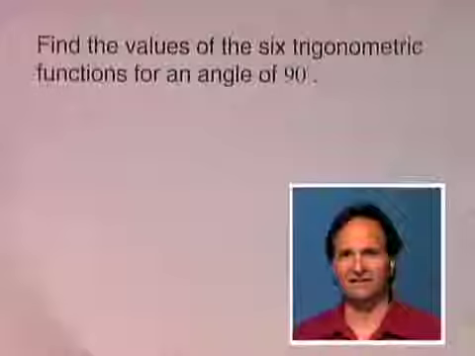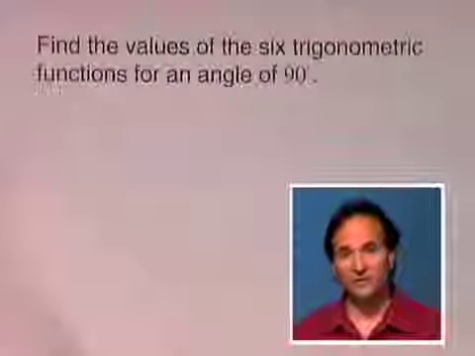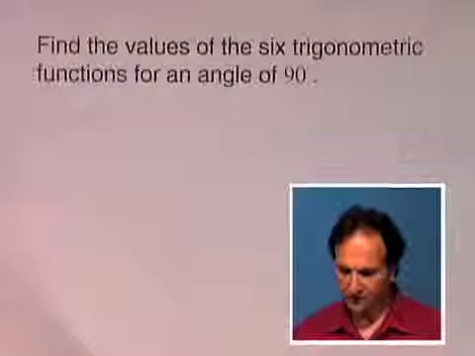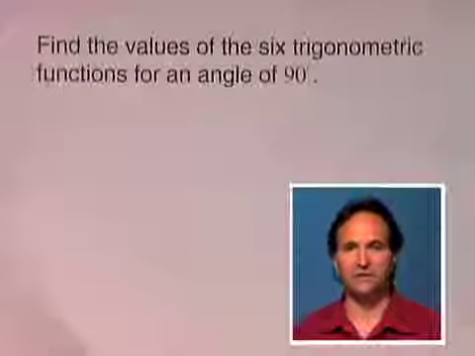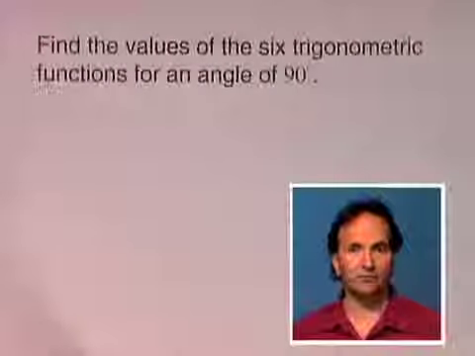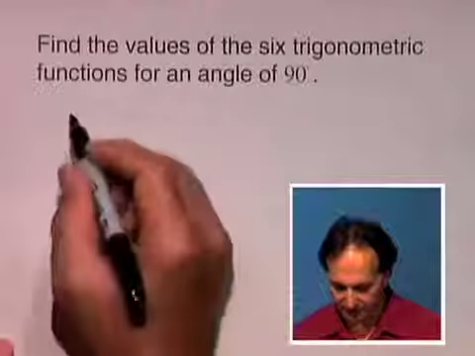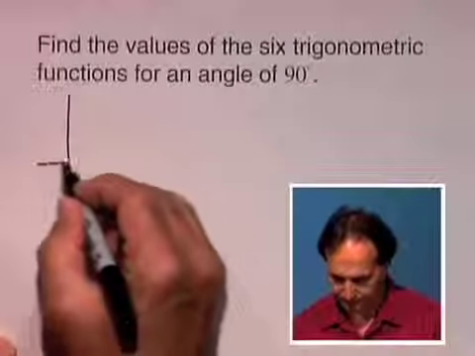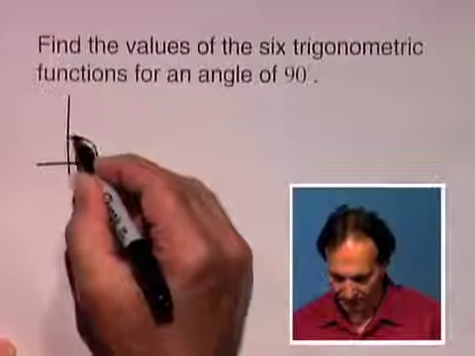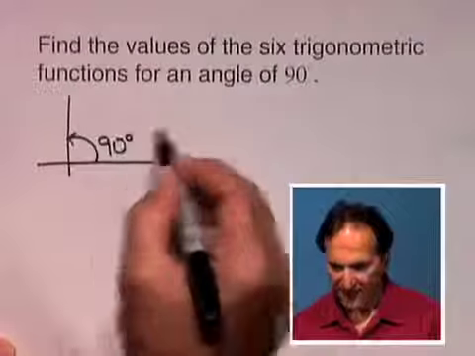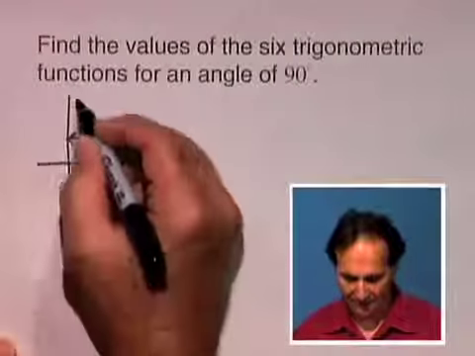In this example, we'll be finding function values of quadrantal angles. Find the values of the 6 trigonometric functions for an angle of 90 degrees. Let's begin by drawing the angle of 90 degrees. So, of course, it's this angle that lands us on the y-axis.